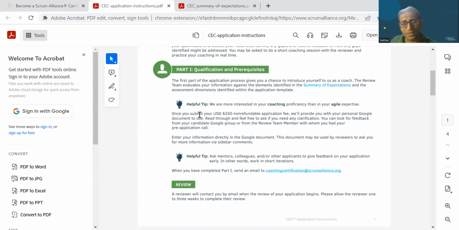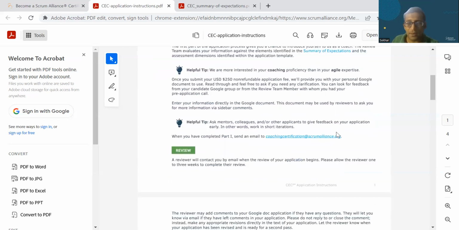So there is a fee of 250, which is non-refundable, and you will be given a personal Google document to use. Go through all that, and then start filling in the application. When you're done with the application, just send an email to Scrum. Scrum will assign a reviewer. And once the reviewer starts reviewing the application, the reviewer will connect with you.